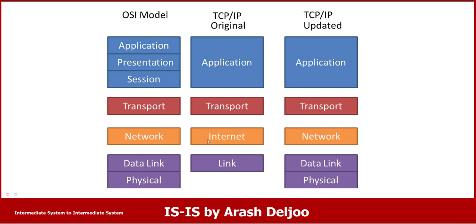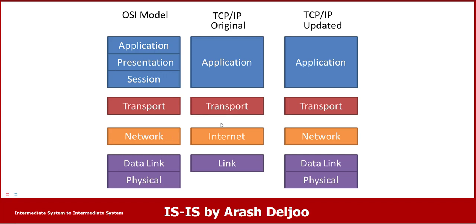Look at here: in the original TCP/IP, the internet layer, which works like the network layer of the OSI, is layer 2, but in the OSI the network layer is layer 3. Here we have one difference. When you are talking about TCP/IP, you should say layer 2, for example, for networking functions like addressing or routing. And in the OSI model, you should say layer 3.